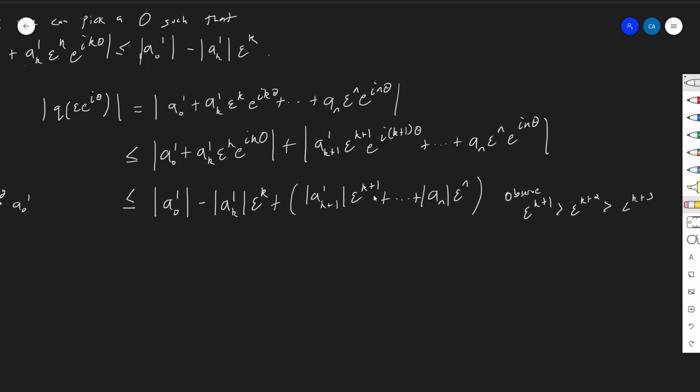In other words, I can basically say less than or equal here, and replace all the epsilon to the stuffs with epsilon to the k plus 1, then factor it out.